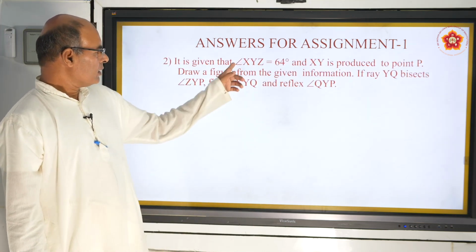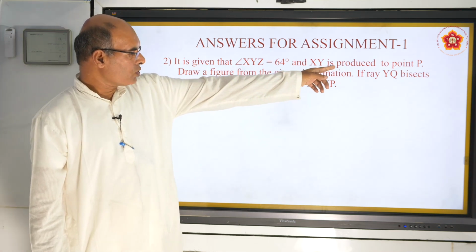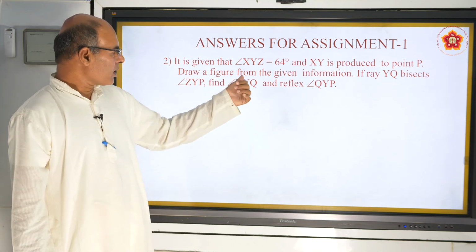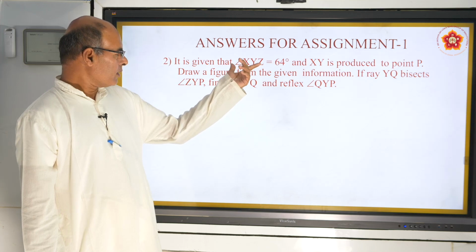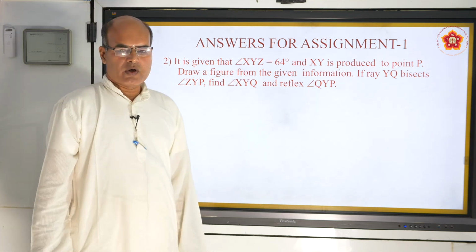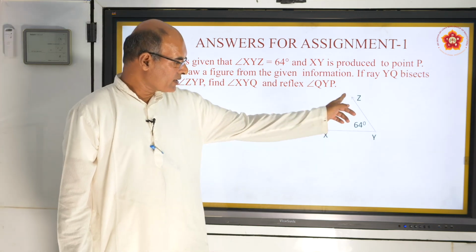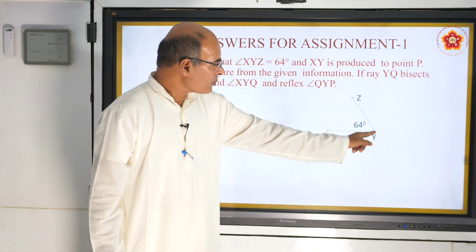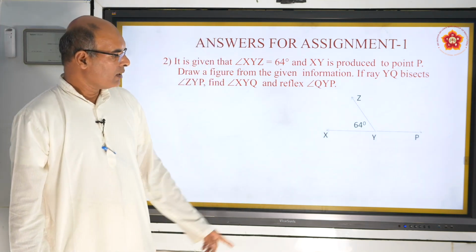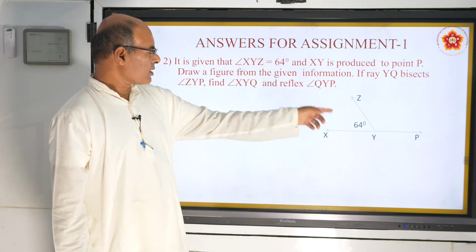It is given that angle XYZ is 64 degree and XY is produced to point P. Draw a figure from the given information. First we have to draw an angle measuring 64 degree, angle XYZ. Look at here, angle XYZ. And then XY is produced to point P. So the picture is ready.